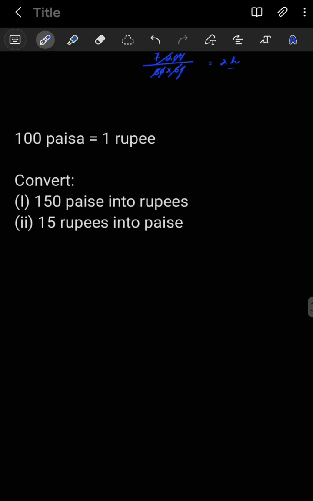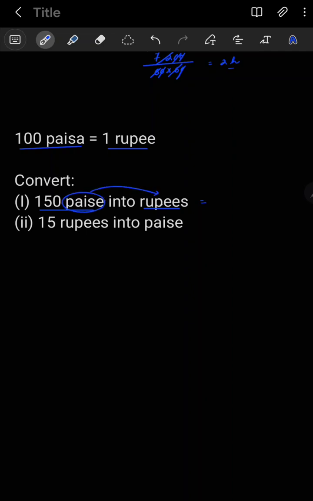Next question, let's see, it is about rupees. Okay, so what we know? We know 100 paisa is equal to 1 rupee. In the question they ask to convert 150 paisa into rupees. Then how will you convert? So you see here, paisa is a small unit as compared to rupees.